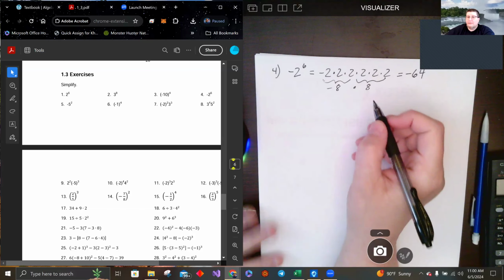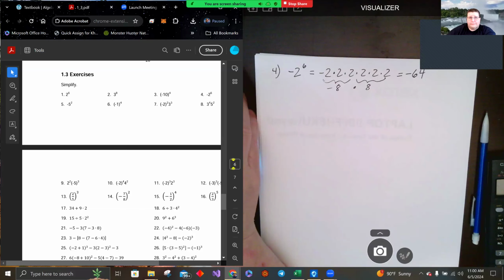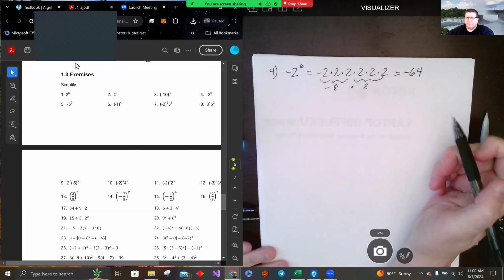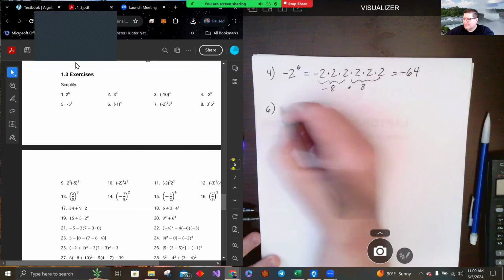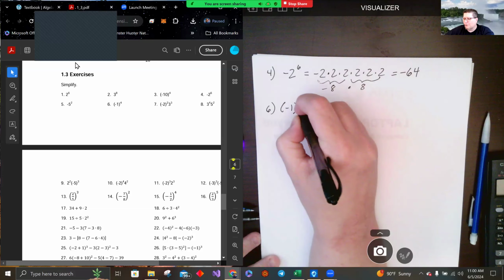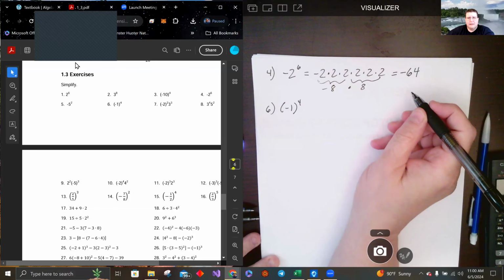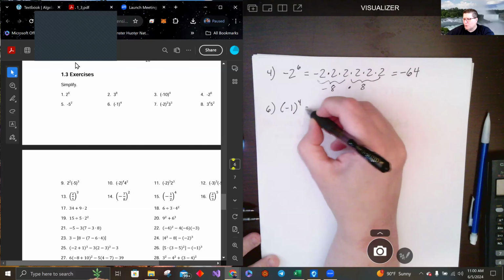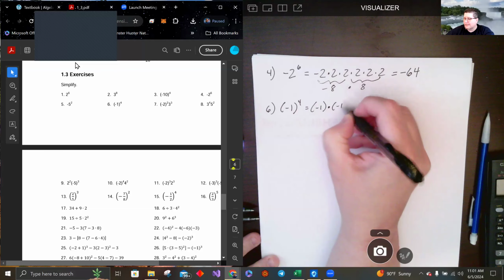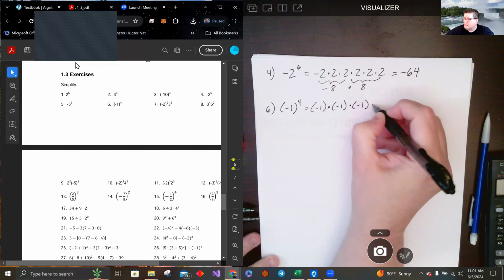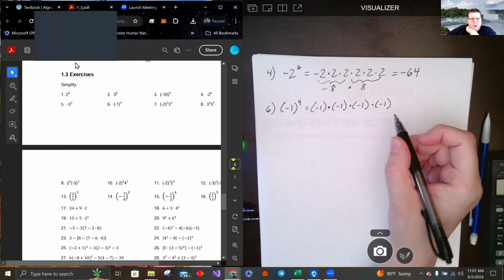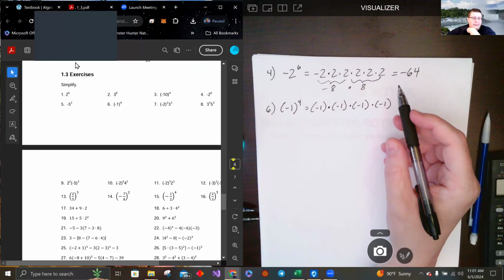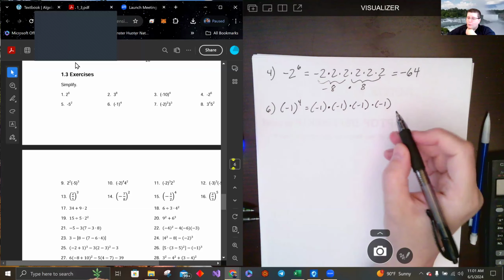If I take a look at, let me get that video thing out of the way. Let me move over to the left. If we look at number 6, it has -1 in parentheses to the 4th power. And when it's in parentheses, what that means is it's doing this. So we use that multiplication rule of negative signs we talked about previously in, I believe, 1.1.